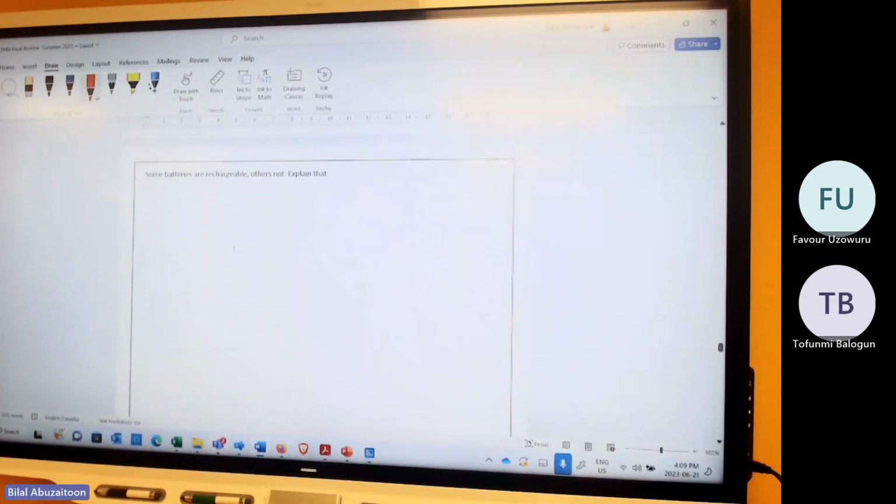Some batteries are rechargeable, others not. Explain that. Some batteries, please, guys, listen to this. Some batteries are rechargeable. Why? Because rechargeable means what? The reaction is reversible. So one of the products is what?